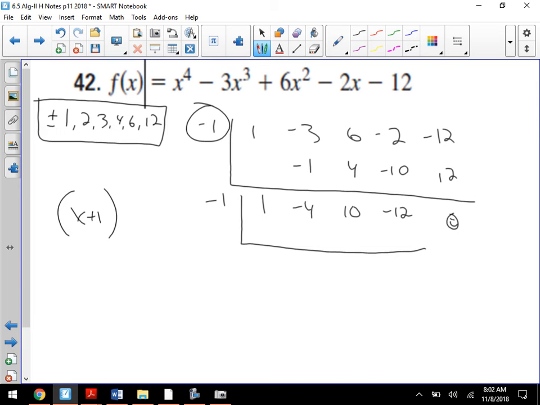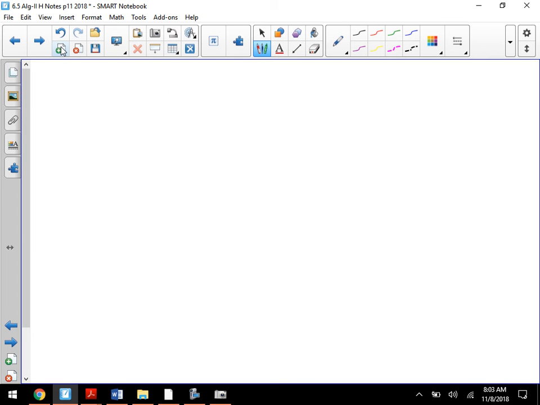Think of an easier one. 24. We have a compound number 24. Twenty-four is divisible by what? 6. If I divide that by 6, what do you get?